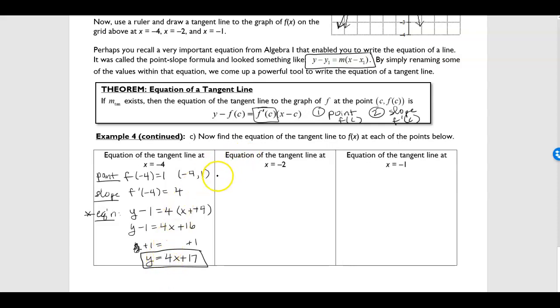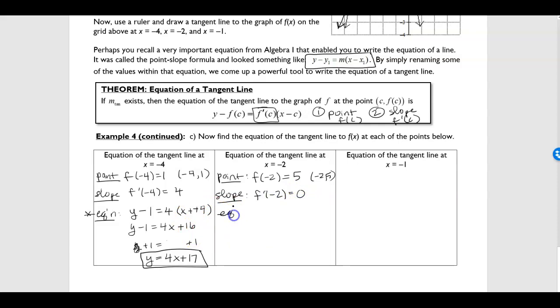All right, let's look at the equation of the tangent line at negative 2. My point, so I'd find f of negative 2. When I look at my graph, I see that that's 5. So I have the point negative 2, 5. My slope is f prime of negative 2, which we found was 0.